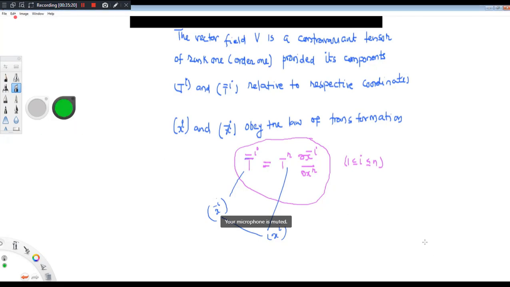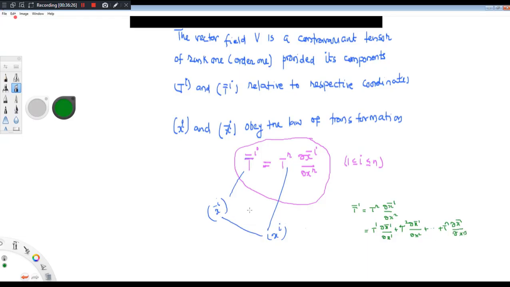Let me take I equal to 1. T bar 1 is equal to Tr del x bar 1 by del xr. By the Einstein summation convention, this is T1 del x bar 1 by del x1, first term, plus T2 del x bar 1 by del x2, plus etc., nth component Tn del x bar 1 by del xn.